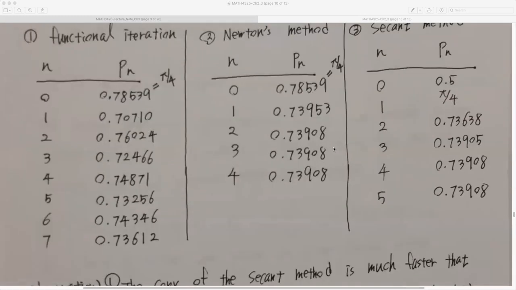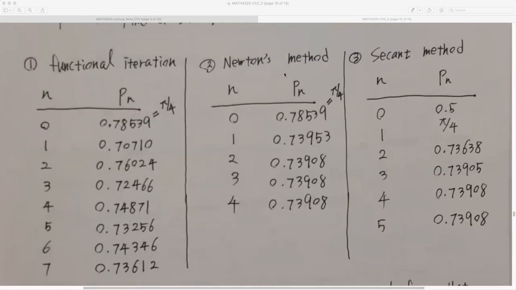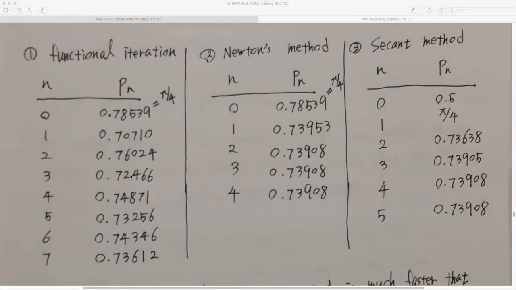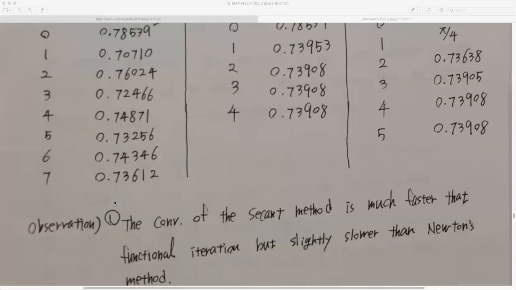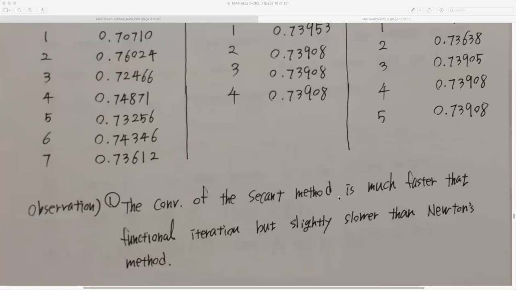You can see that Newton's method reaches the approximate solution in just 4 iterations, but the secant method requires 5 iterations, and the function iteration method requires 7 iterations. So the convergence of the secant method is much faster than function iteration, but slightly slower than Newton's method.